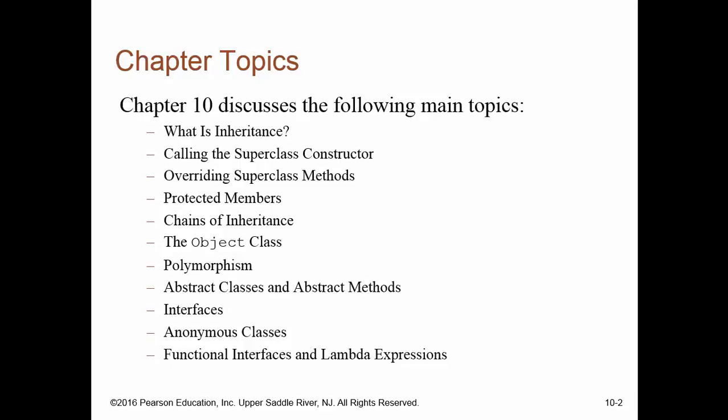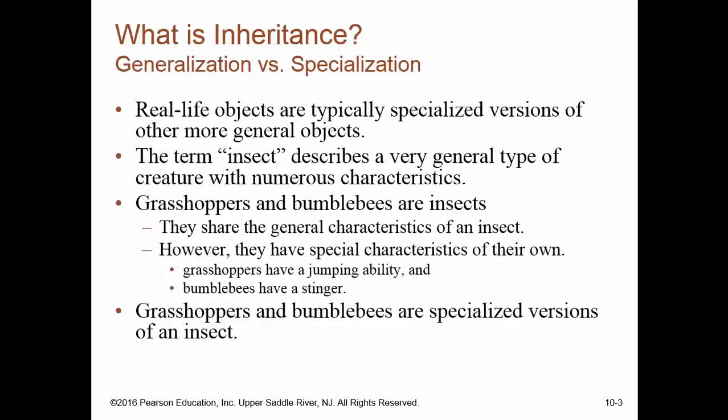Protected members, chains of inheritance, talk about the Object class, which is kind of what everything in Java inherits from, the concept of polymorphism, which stands for many forms, abstract classes and abstract methods, interfaces, and we're going to talk about the difference between an interface and an implementation, anonymous classes, functional interfaces, and lambda expressions.